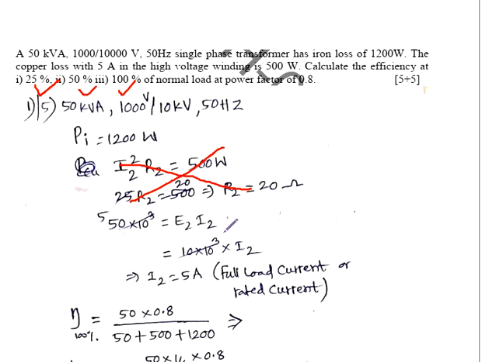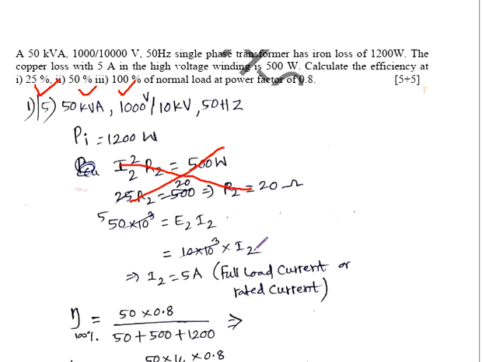As I told, the full load current is determined from the kVA rating. We are given the 50 kVA rating, which is nothing but V2 I2, and in the ideal case it will be E2 I2. So E2 I2 will be 50 kVA, where I2 is the full load current, because it is the rating. E2 is given as 10 kV, so it is 10 × 10³.